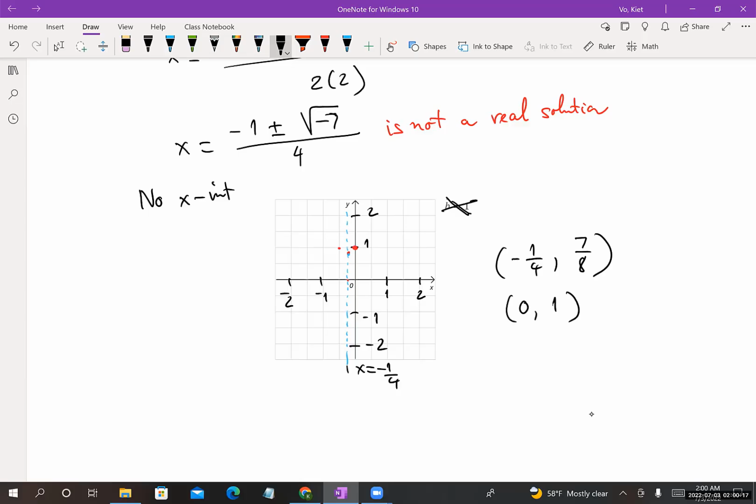Then I figure out that the point on the left of the axis of symmetry would have to be negative 1/2. Oops, negative 1/2 comma 1.